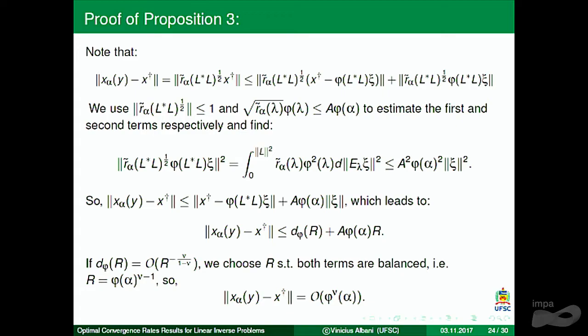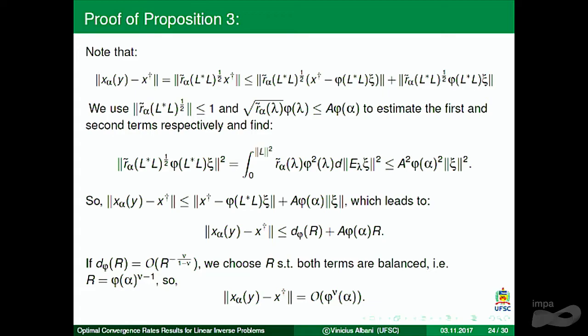We just use this triangular inequality here, use that this operator has norm less than 1, and use this inequality in the integral here. So we just write down this estimate as this integral, and using this estimate, we have this first one.